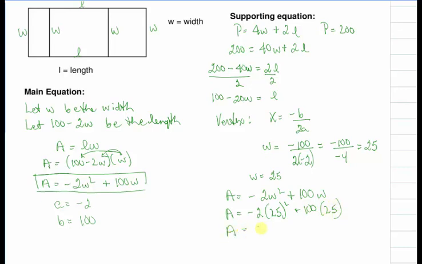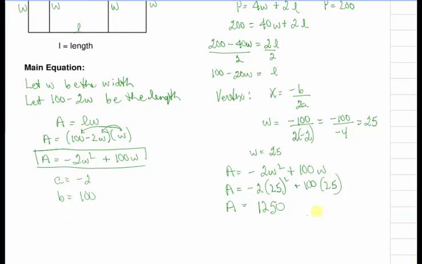And when I do the math, I get 1250. And so my vertex then is 25 and 1250, where the 25 is the width and the 1250 is the area.